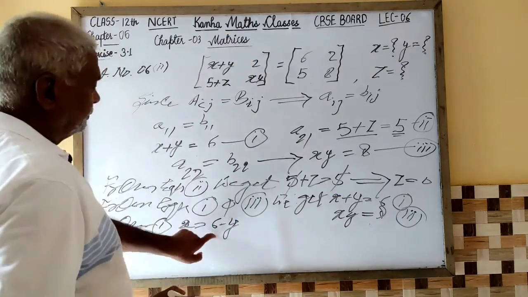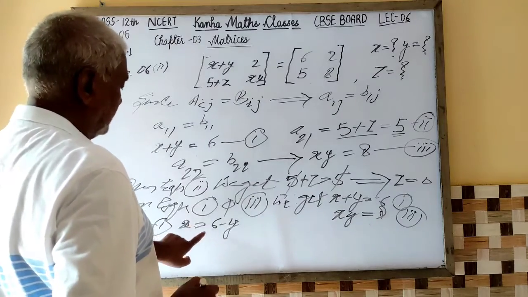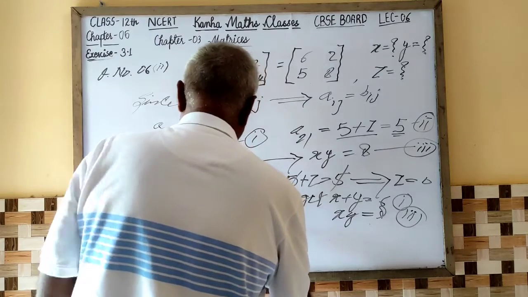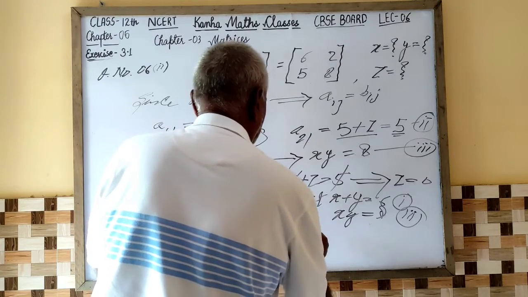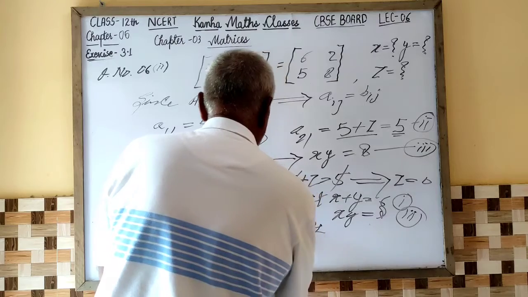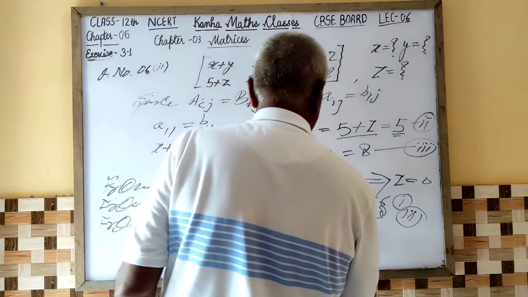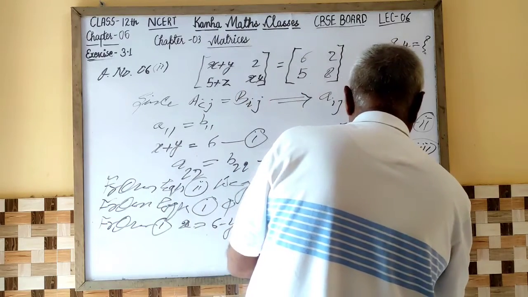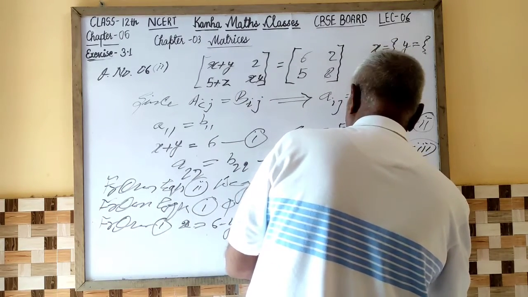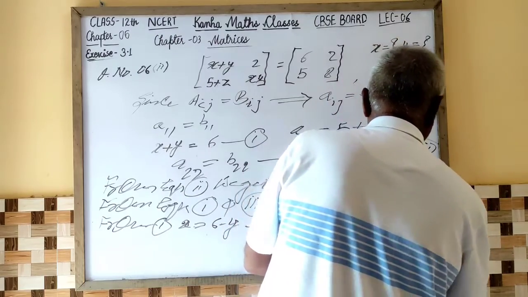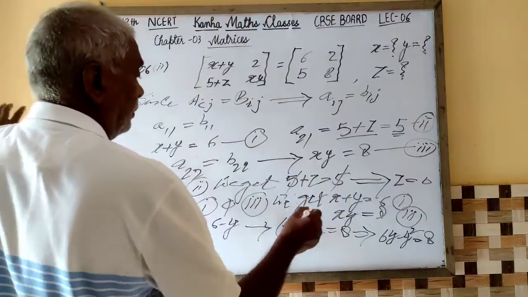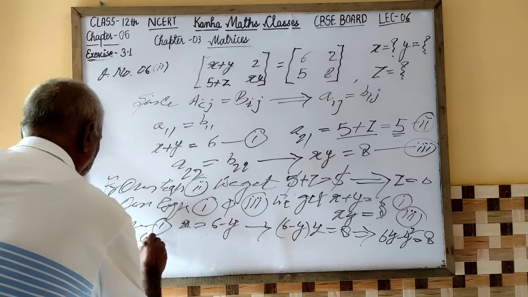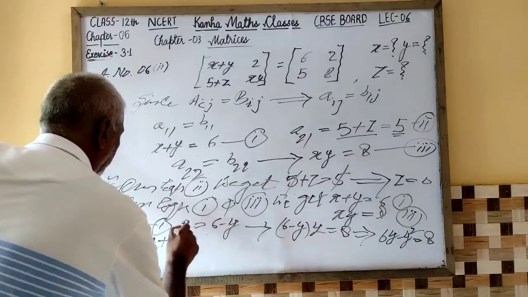If we substitute this value of x in terms of y in the third equation, we get (6 minus y) into y is equal to 8, or 6y minus y square is equal to 8, or y square minus 6y plus 8 is equal to 0.